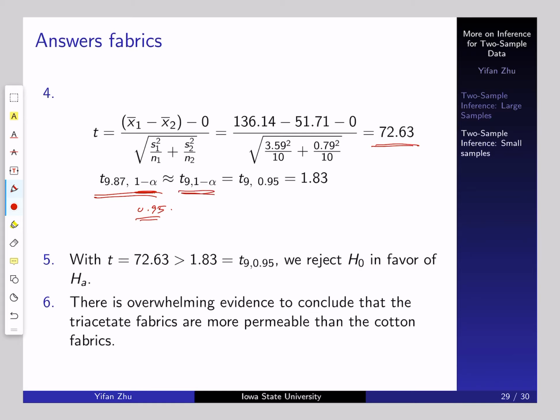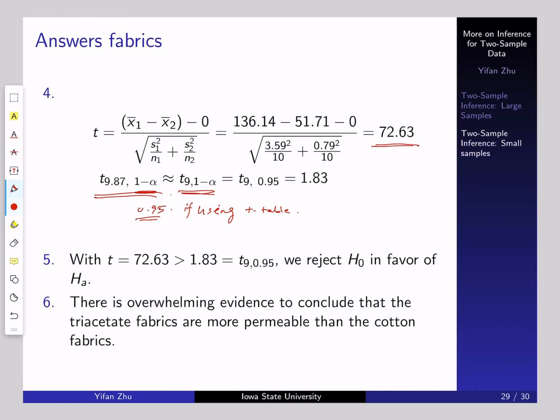This is replaced by t9 of 1 minus alpha, because if you use the t-table, you need to round it down.